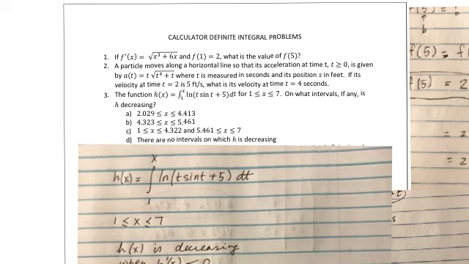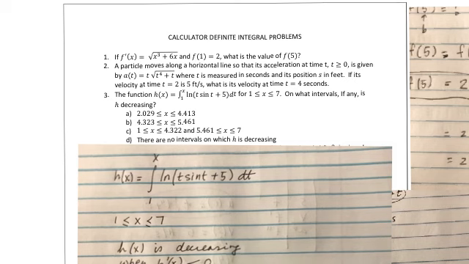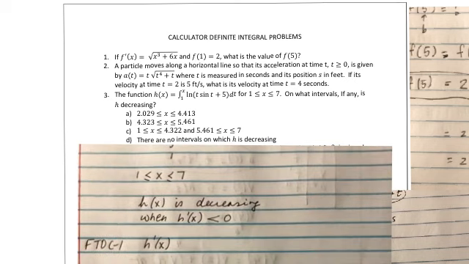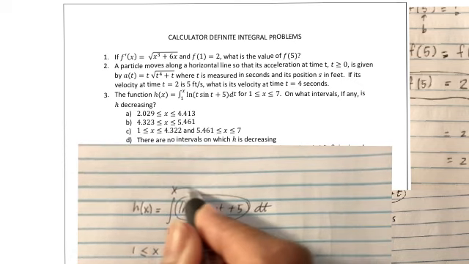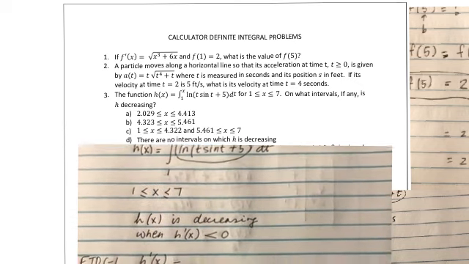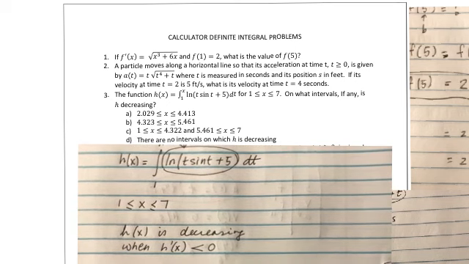So h prime of x, by the first fundamental theorem, right? So by FTC 1, since this is an area function, h prime of x is just that, right? I put x in, and that's the rate of change of that area function. So h prime of x is simply ln of x sine x plus 5, right?